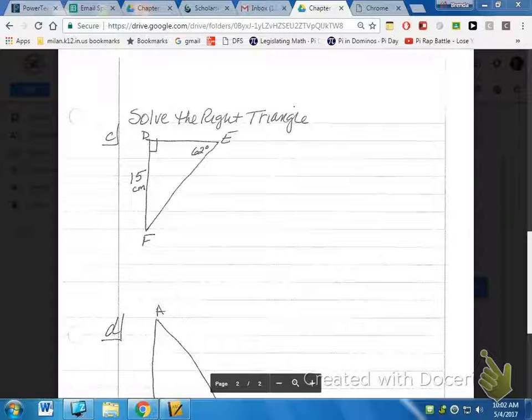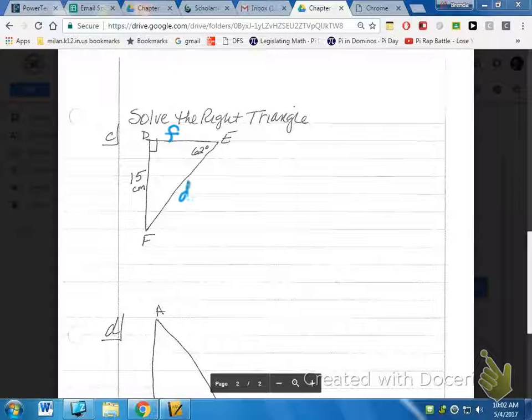Angle E is 62. We don't have an angle F. We only have one side, 15 centimeters. We don't have the hypotenuse, and we don't have the side that would be considered little f. So I'm going to go ahead and put that in. This is little f. This is little d. And we would have to find angle F.